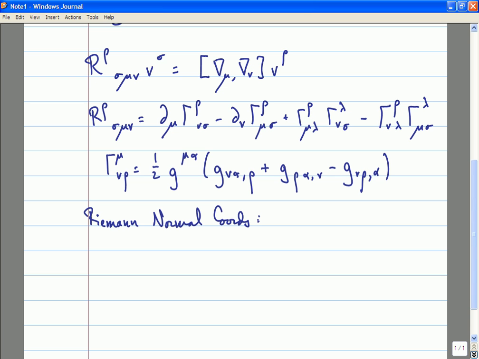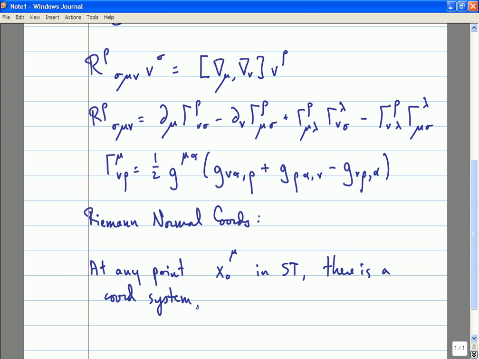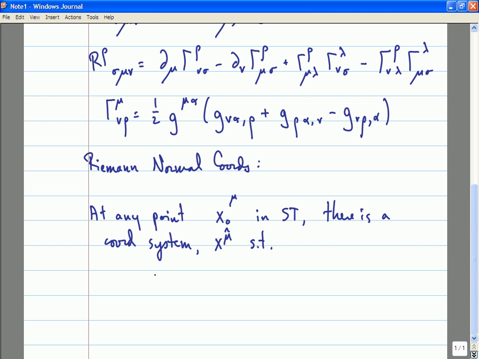So the idea of Riemann normal coordinates is motivated by the Einstein equivalence principle. Remember, the Einstein equivalence principle tells us that at any point, say x naught mu, in space-time, there is a coordinate system, say x mu hat, such that at the point x naught, the metric written in these coordinates is just the flat Minkowski metric.